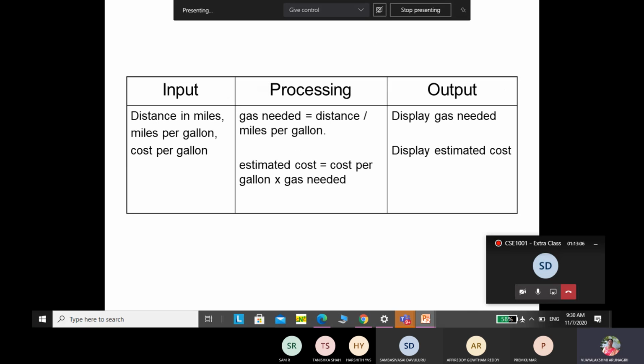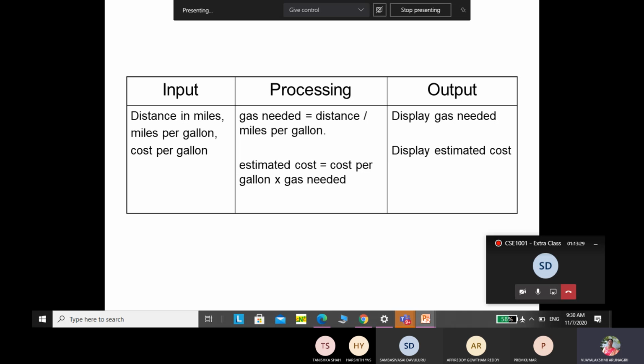So see the PAC. Given are distance in miles, miles per gallon and cost per gallon. Right? We need three things: distance in miles, miles per gallon and cost per gallon. And what processing is required?